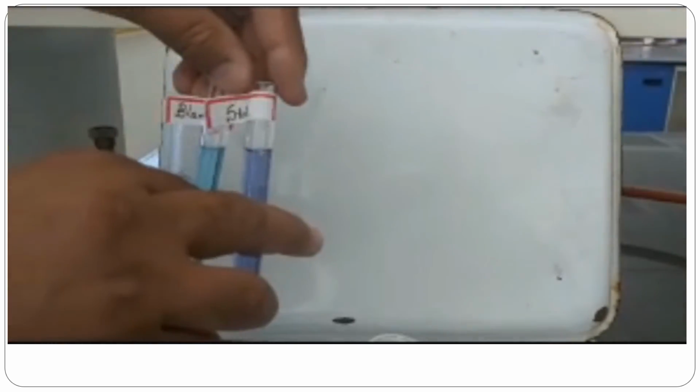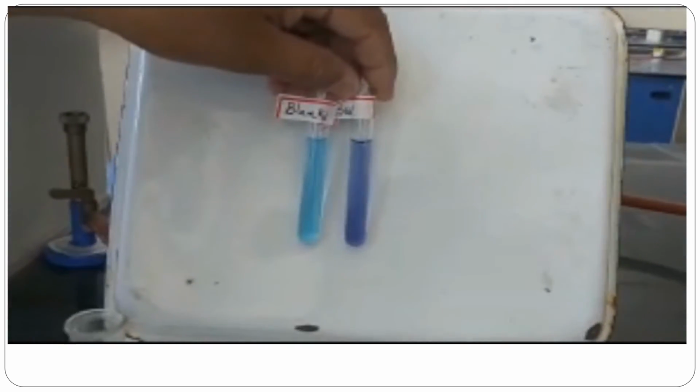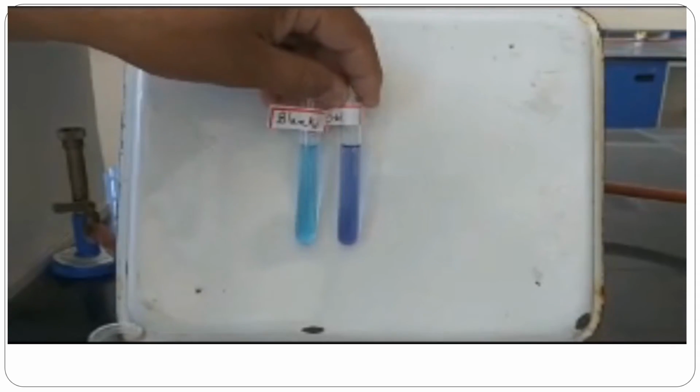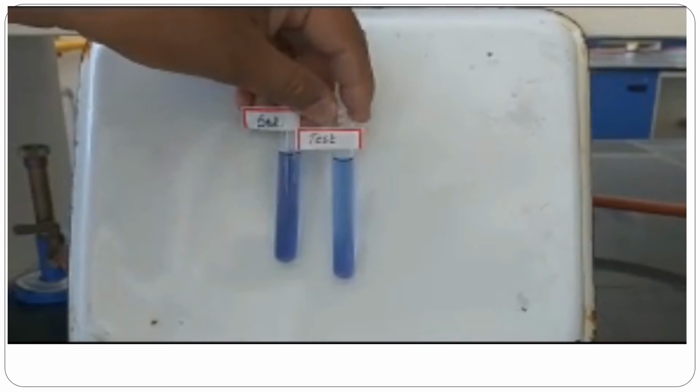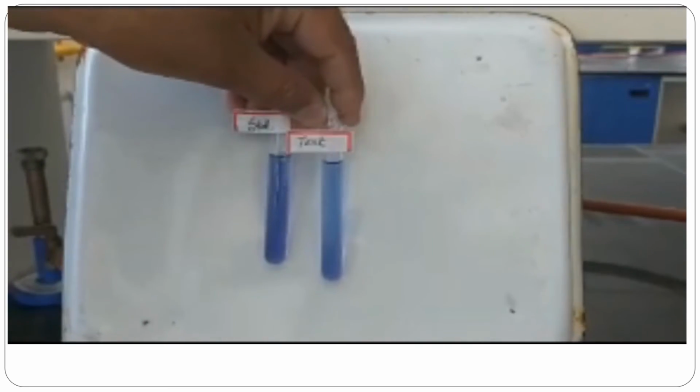But before that, let us see a comparison. This comparison is between blank and standard. The blank is blue in color, whereas the standard is purple or violet in color. Now you can see standard and test. As you can see, the standard is more intense than the test.